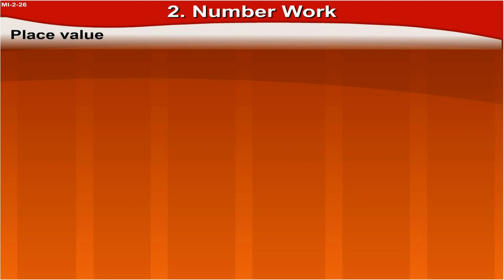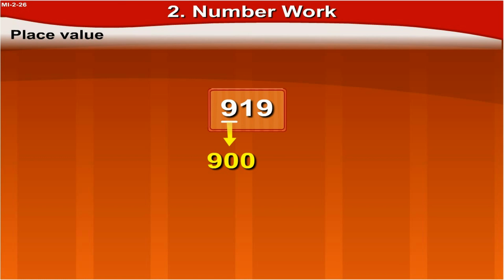Well, let us write the place values of the underlined digit. 919. In 919, we have 2 nines. But we have to tell the place value of 9, which is underlined. Now the underlined 9 is 900, which means the place value of underlined 9 is 900. 135. Here the place value of 3, which is underlined, is 30. 120.